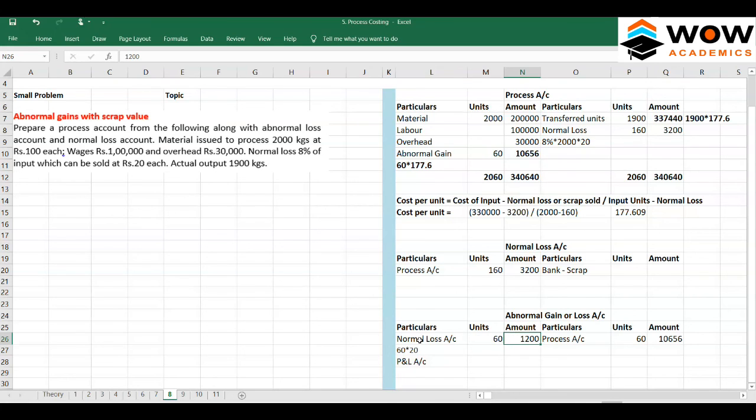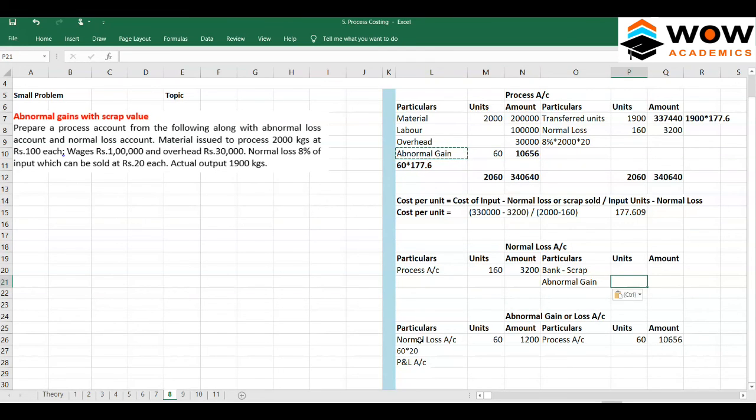So as you could not make it, from abnormal gain account you get this number, you get 60 units, 1200 you have saved. The balance only you can send to bank. So the balance would be 100 units that could be sold at 2000 rupees.